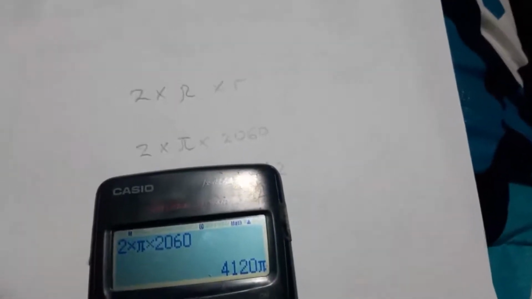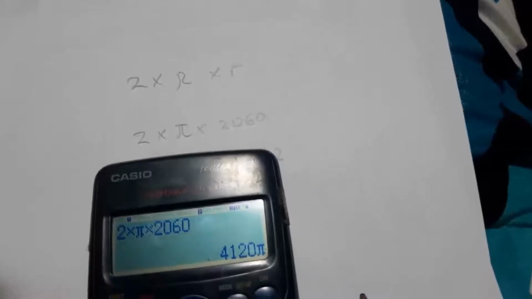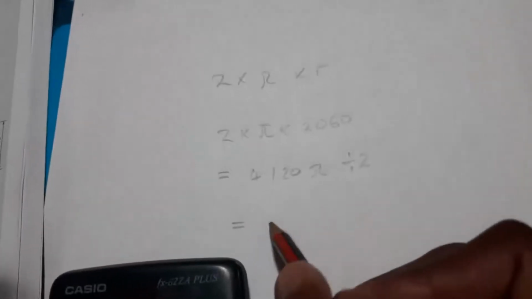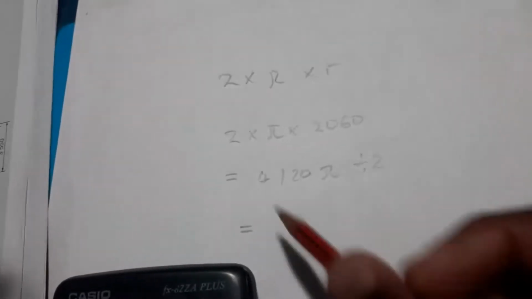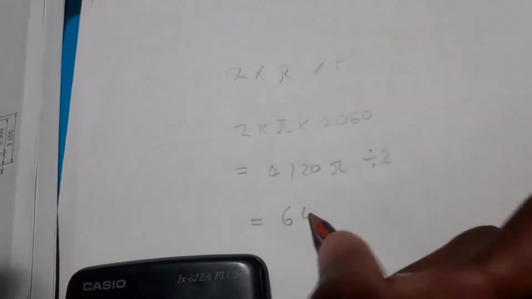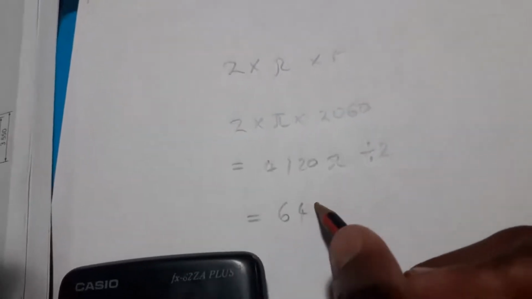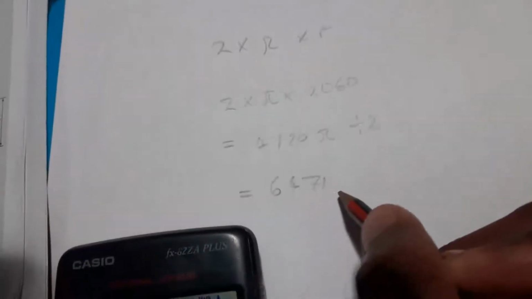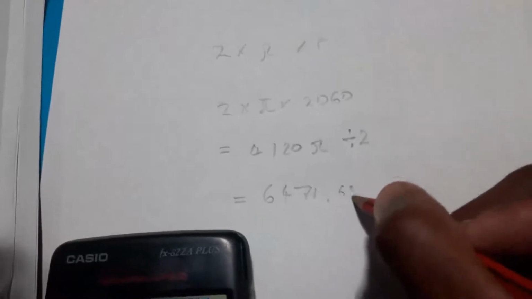So you'll divide that answer by 2. Then you'll book it in. You'll write the answer in decimals. So it's going to be 6,471.68.